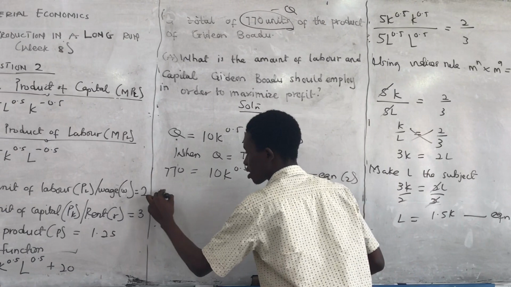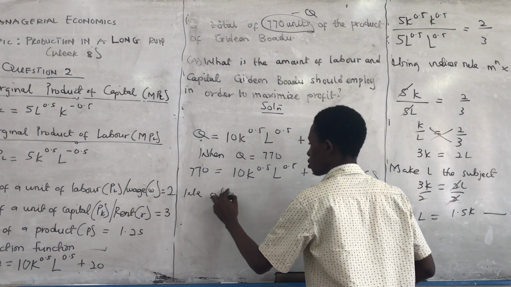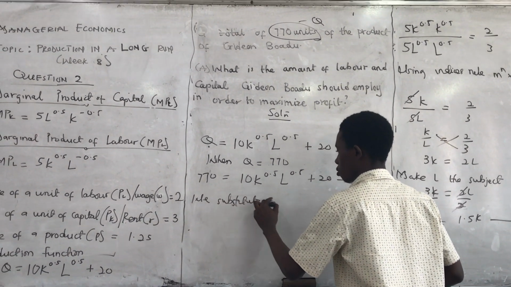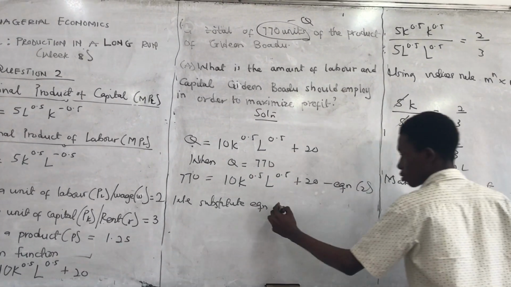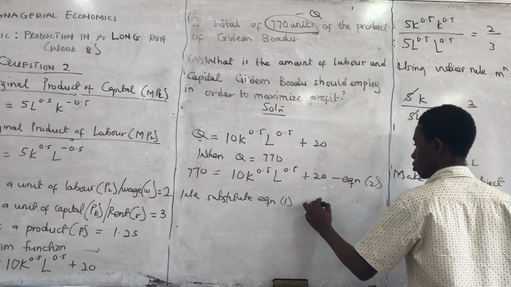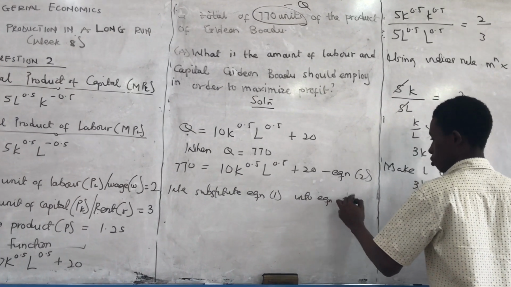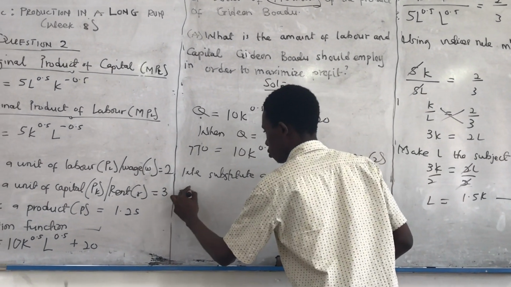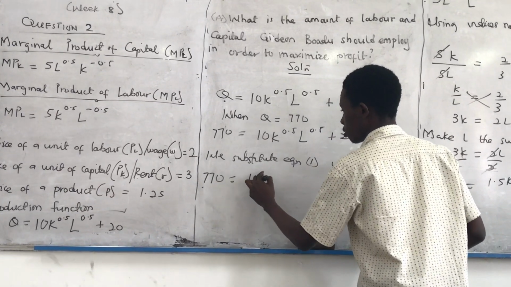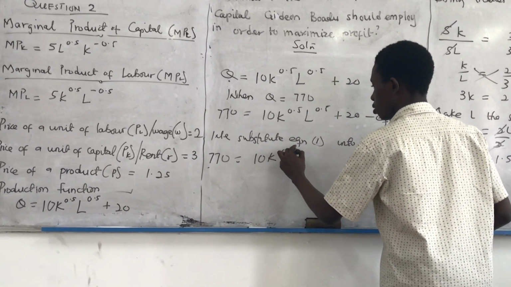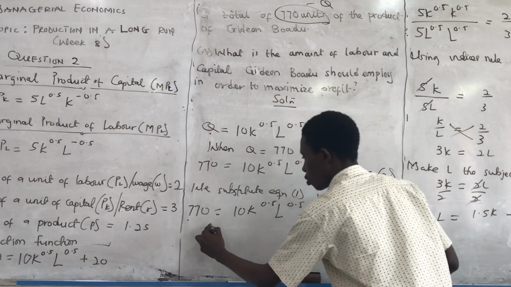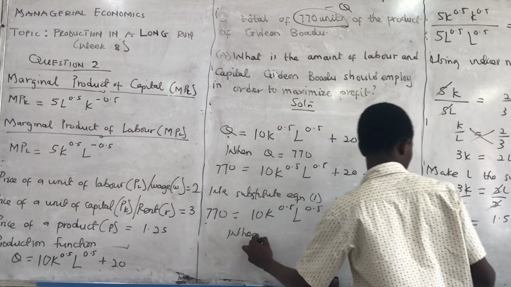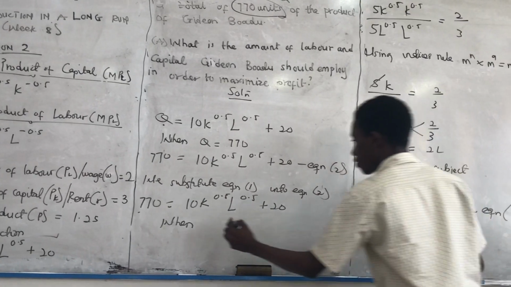So we then substitute equation 1, which is this, into equation 2. So we have 770 equals 10K^0.5 L^0.5 plus 20, when L is equal to 1.5K.